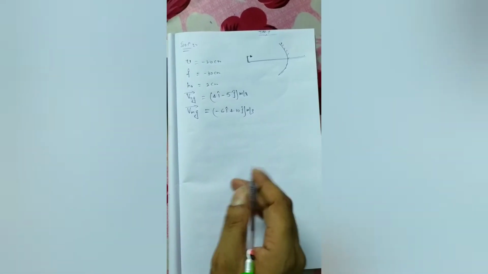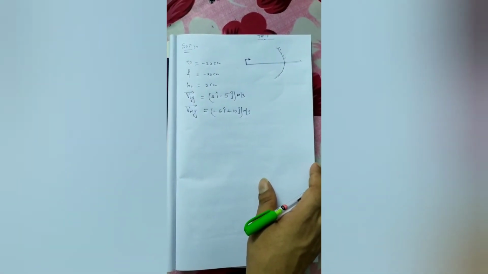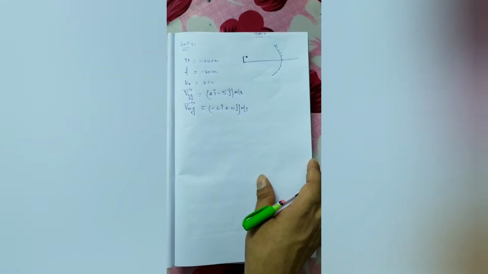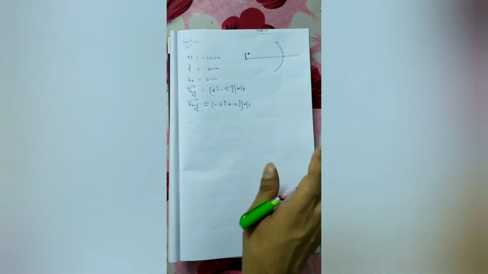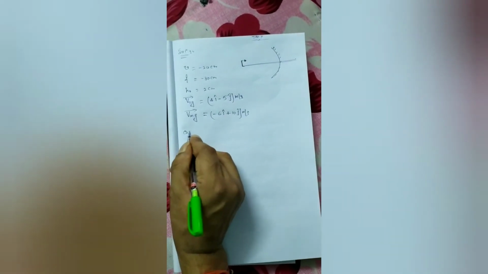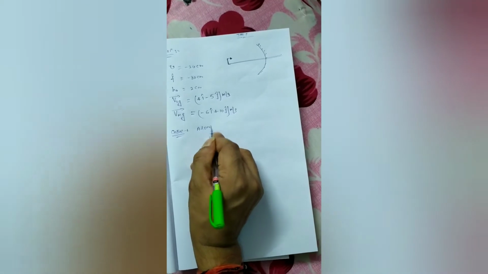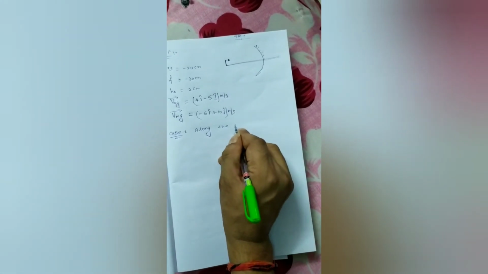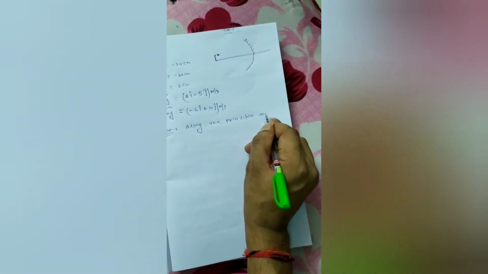Such kind of question we can solve by taking two axes, one along the principal axis and one perpendicular to the principal axis, which means the transverse axis. So one by one. Case first, along the principal axis.